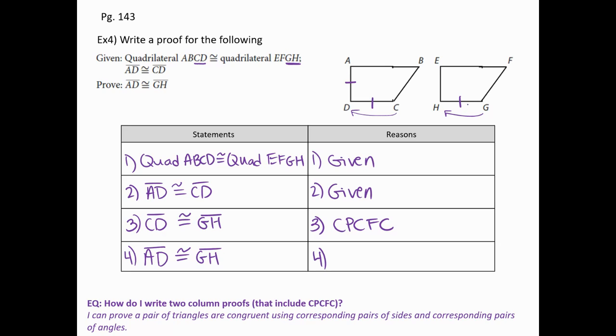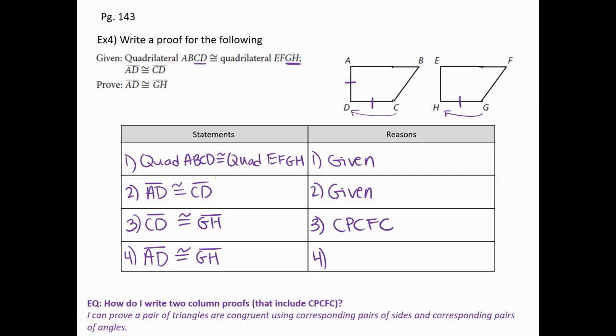If I just look at my diagram, you should be able to see by how it's marked, because I had to match GH to the CD marking, so one tick mark each. You can see just by the marking that AD has to be congruent to GH. But the way we would give that reason in our proof is actually one more time that sandwich property.